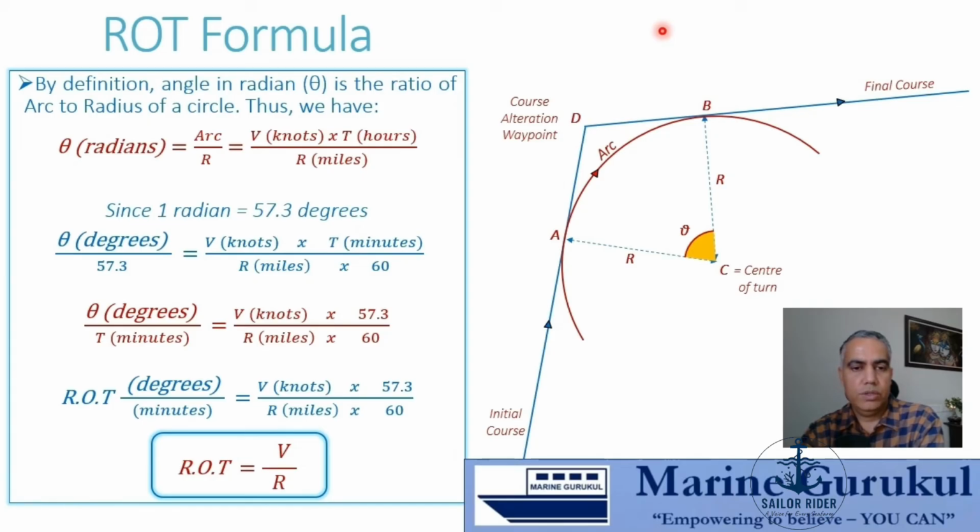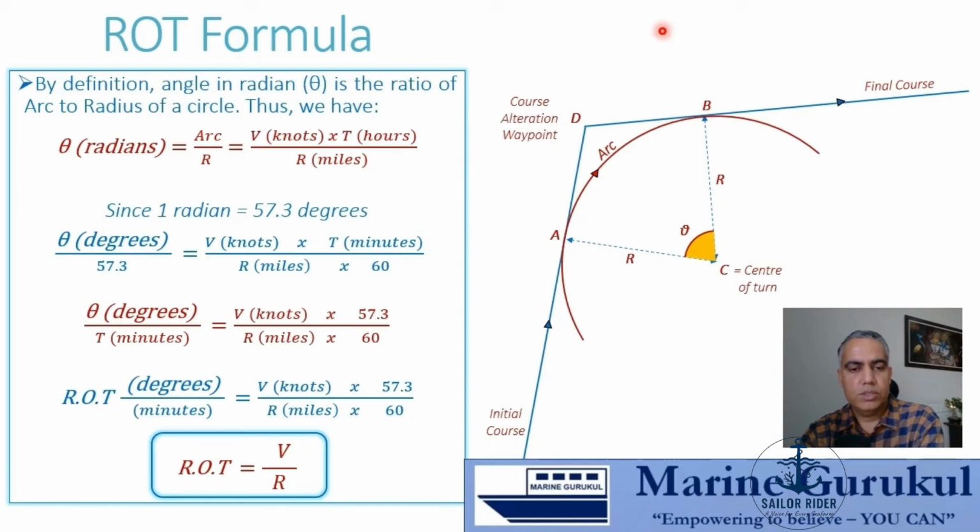Now, many times when we are making a passage plan on ECDIS, the ECDIS also gives us an alarm that a particular turn is not executable, indicating that the rate of turn which is required as per the speed and radius fed in by the navigator is more than what can be achieved on that particular ship in the present conditions.